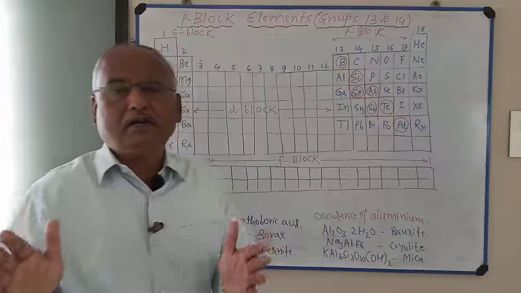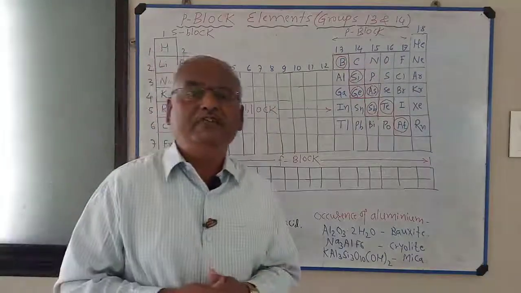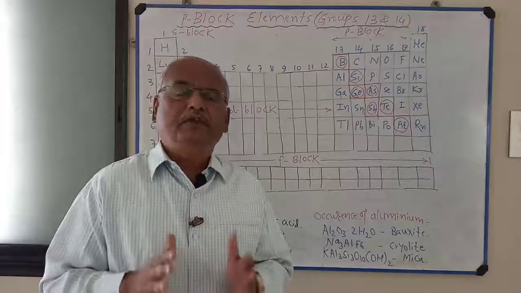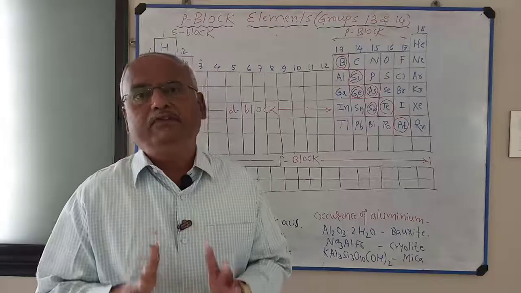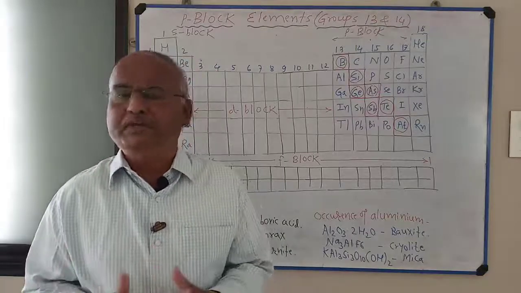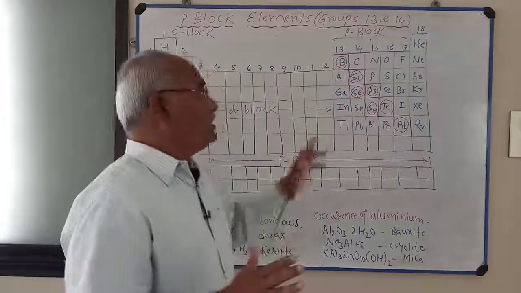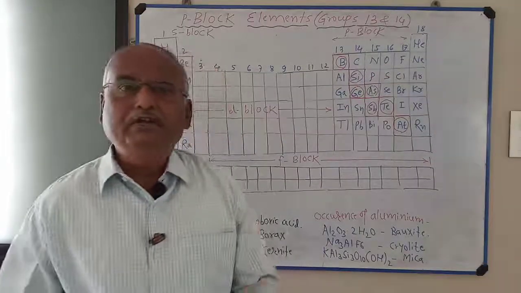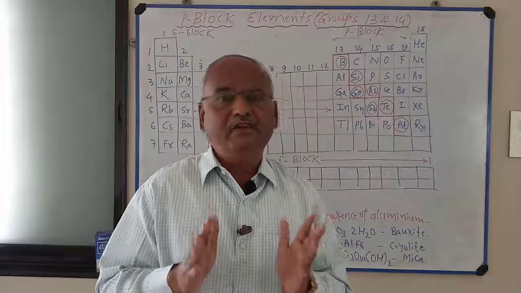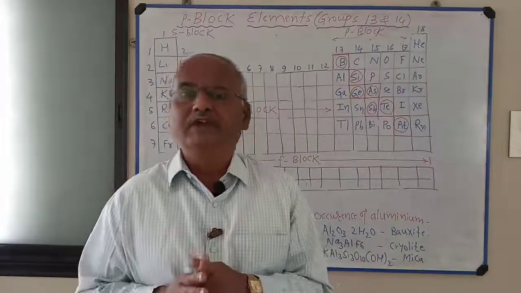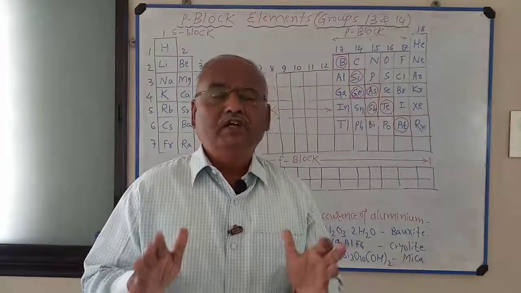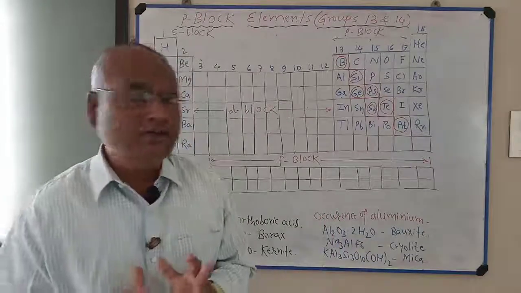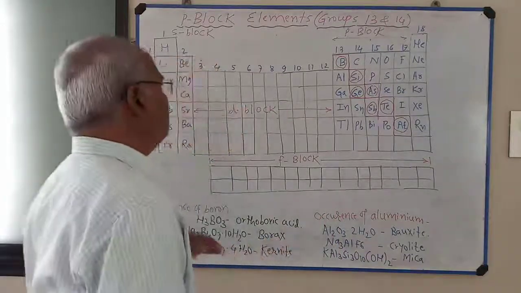So remember the first 10 elements just like a poem. Remember that in these 2 years, 11th class and 12th class, you are going to study the complete periodic table in detail.